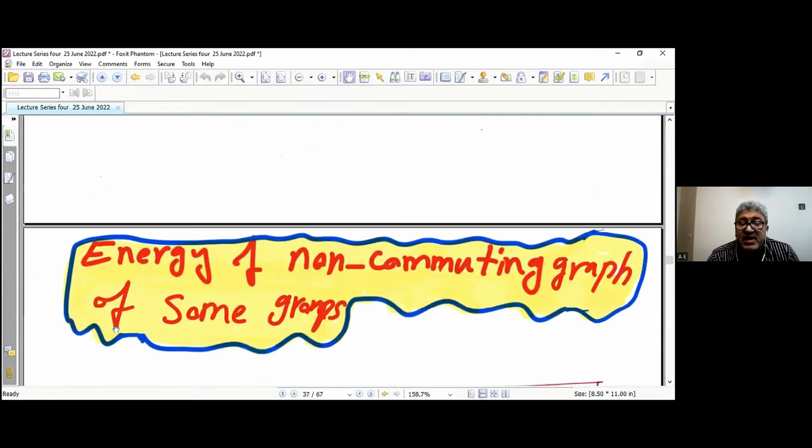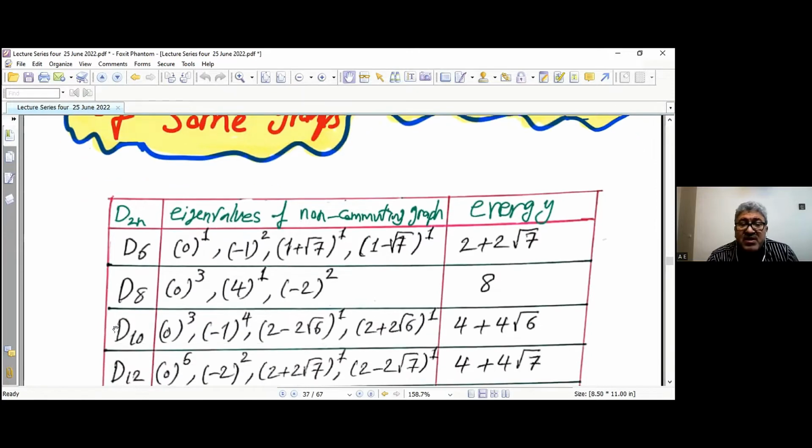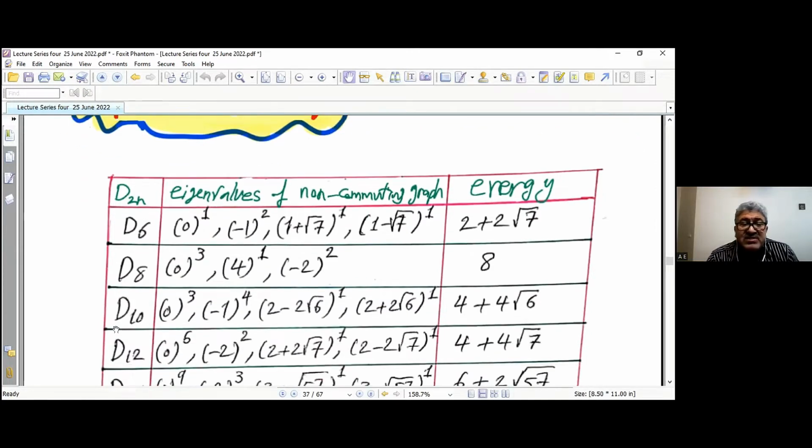So let me give the energy for the non-commuting graph for some groups. Here is a table about the eigenvalues of the adjacency matrix of the non-commuting graph and the energy. I consider the dihedral group.